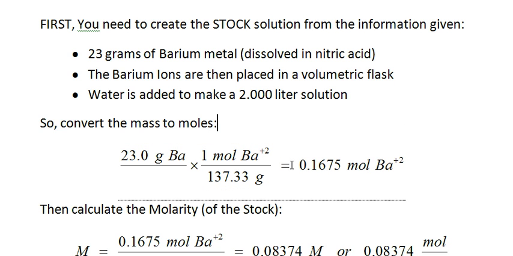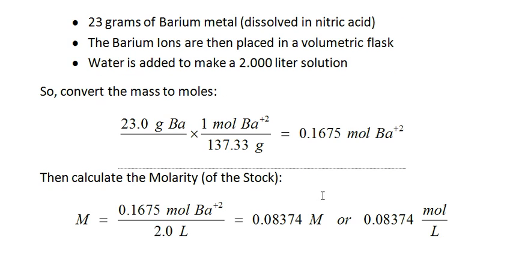Now the nice thing is, even though 2 electrons have been removed and put into solution somewhere, we don't know where it's at, we don't care, the molar mass still remains the same, so we don't need to worry about, well, we lost 2 electrons, what's the molar mass now going to be? So the number of moles of the barium plus 2 ions is 0.1675 moles.